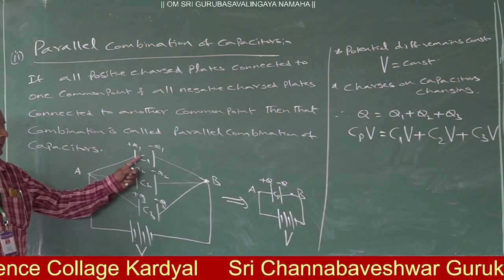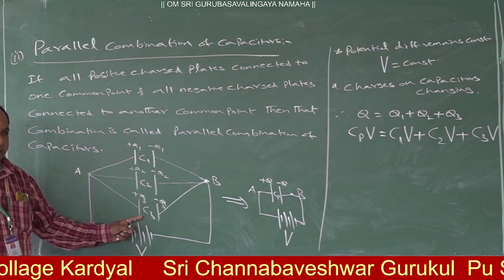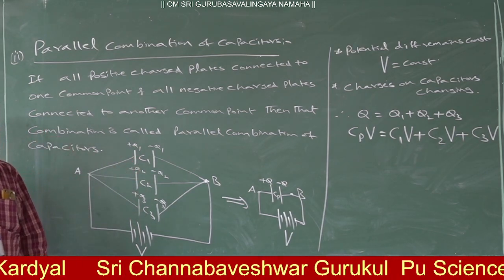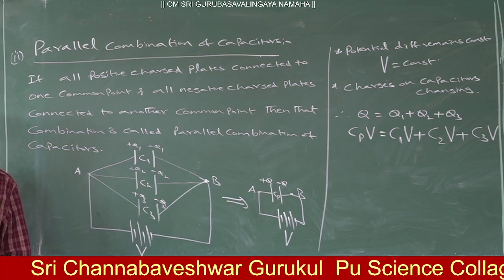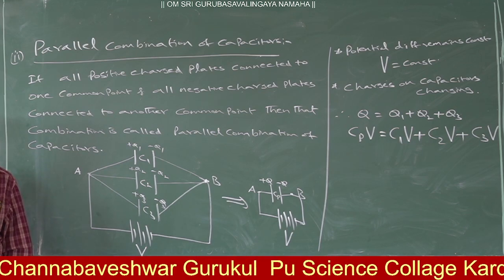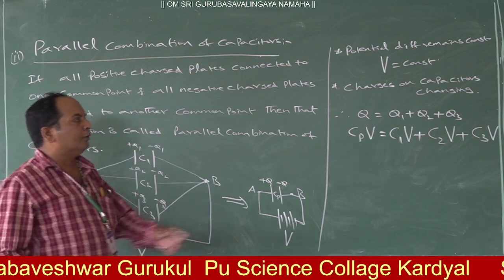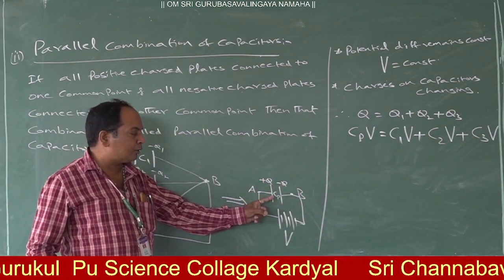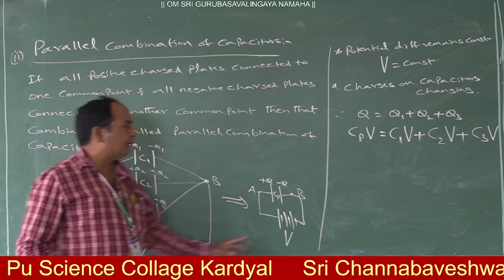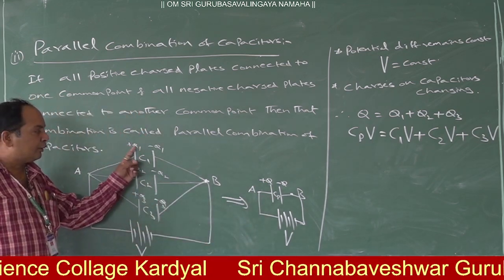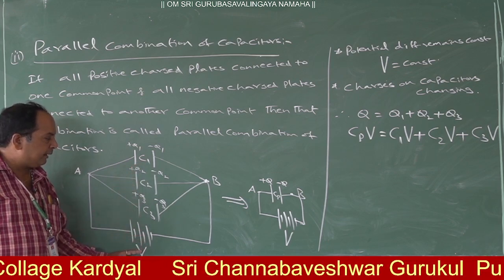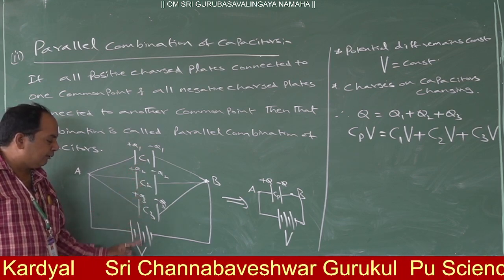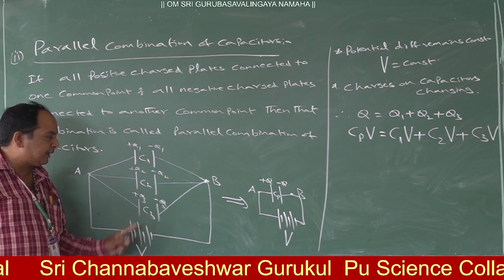So here capacitance changed means the charge changes, so charge is divided. So you may write Q is equal to Q1 plus Q2 plus Q3. Q means C into V. Here Cp into V is equal to Q1, C1 V, plus Q2, C2 V, plus Q3, C3 V.